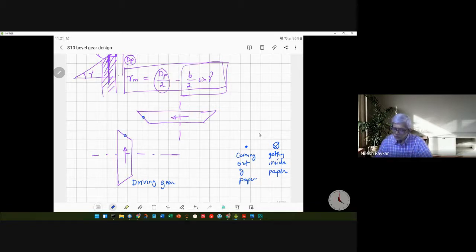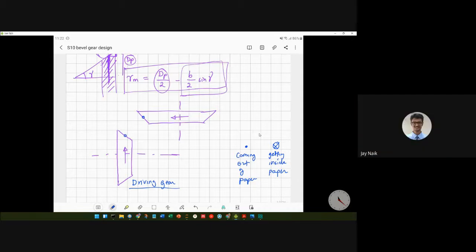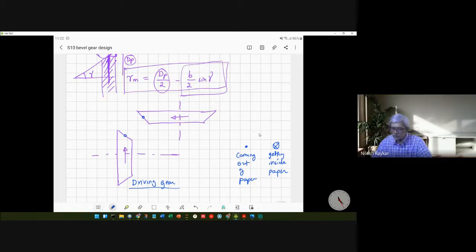So for the driving gear, can somebody tell me what is the direction of tangential force? Will it be coming out of the paper or going into the paper? Out of paper, that's right, Jay. The driving gear is in motion, the way it is shown, the teeth are moving inside the paper.